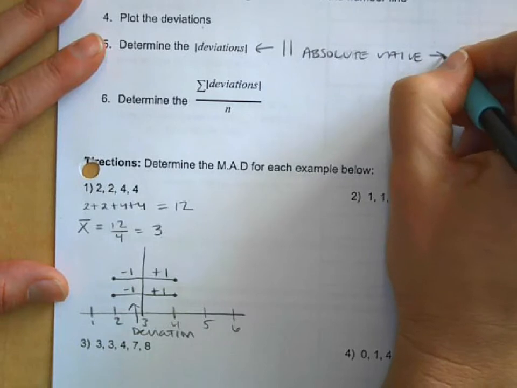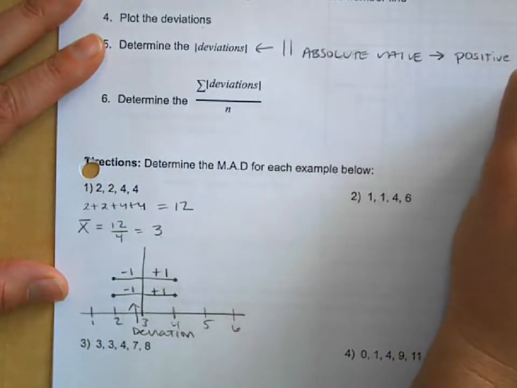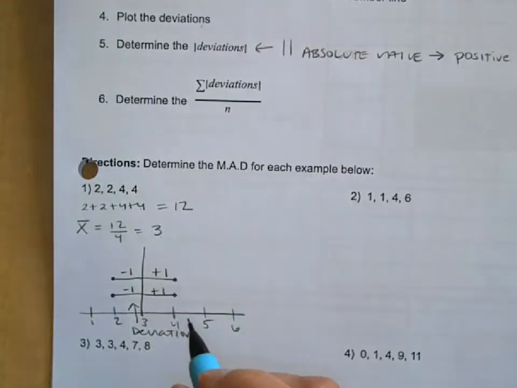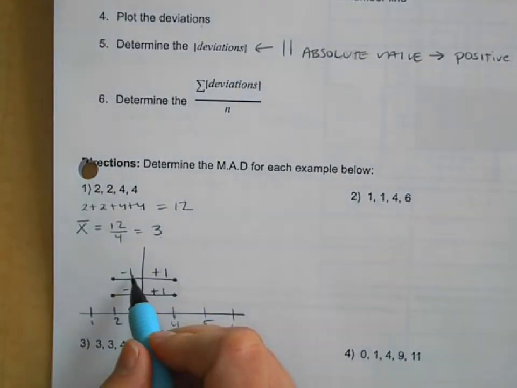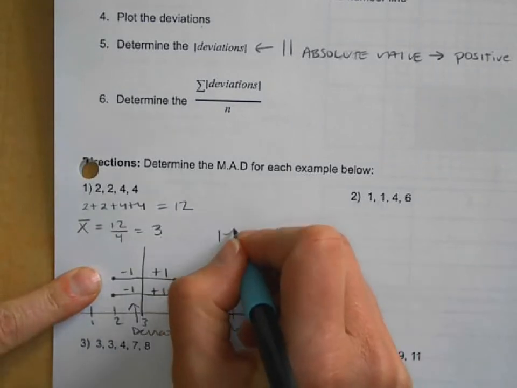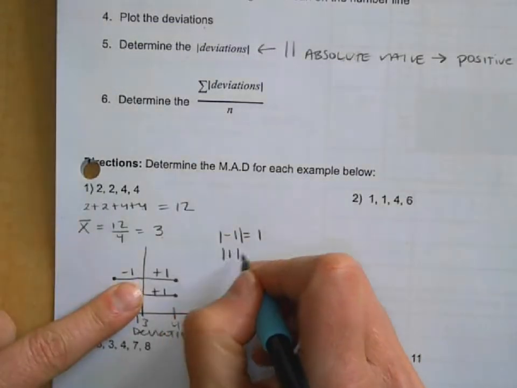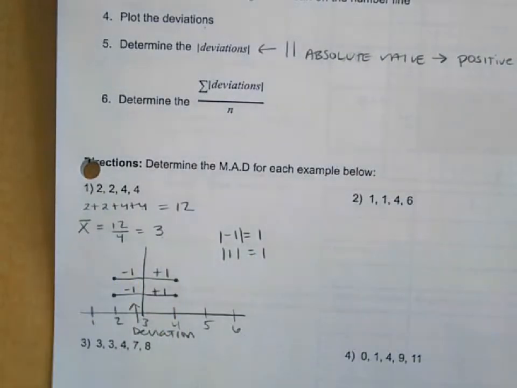I'm not sure if you guys remember this, but the absolute value means all of the positive values. So we're going to take the positive values. If we take the absolute value of -1, that equals 1. If we take the absolute value of 1, that also equals 1.